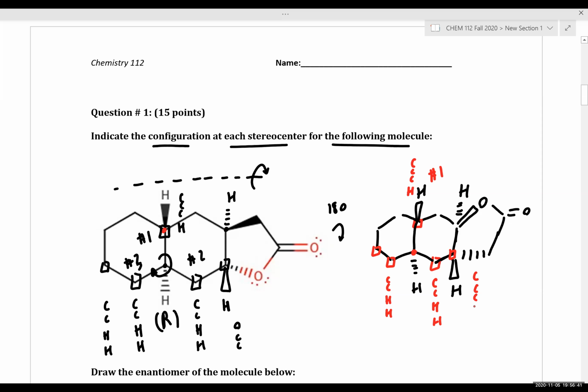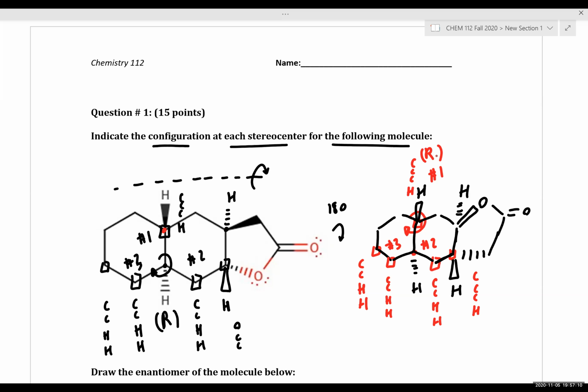So we have 3 carbons and a hydrogen versus 2 carbons and 2 hydrogens. So which group is higher priority, left or right? Right, yep. So that would be priority 2 and priority 3. So we trace our arrow from highest to lowest priority, and that looks like an R stereocenter to me.